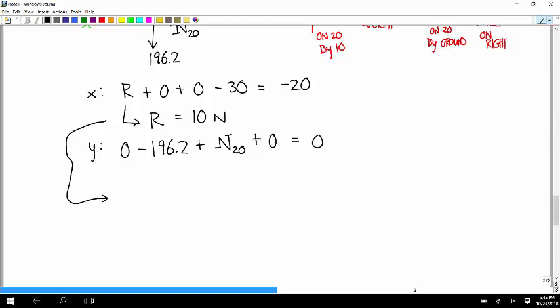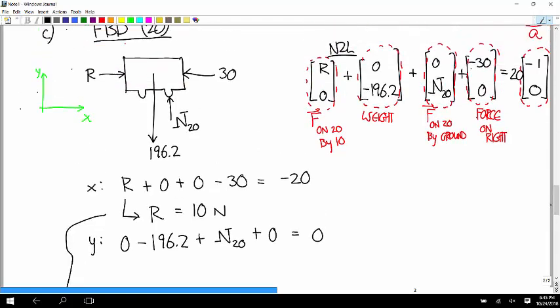We just took all of the x components, got an equation that said r minus 30 is equal to negative 20, and then we just solved the algebra and it came out as 10. So yeah, the 10 kilograms, that's just sort of a coincidence. We did it all through Newton's second law and just solved for the variable.